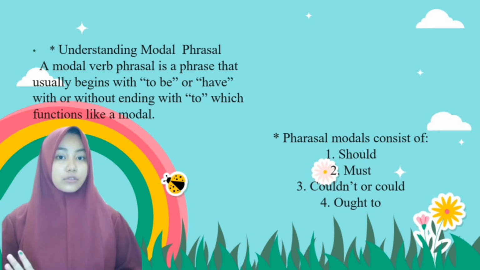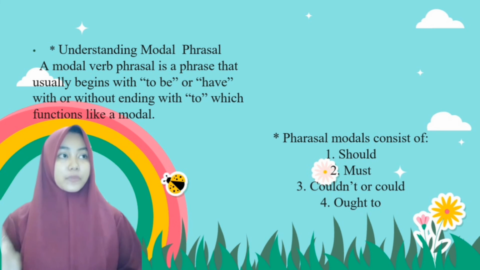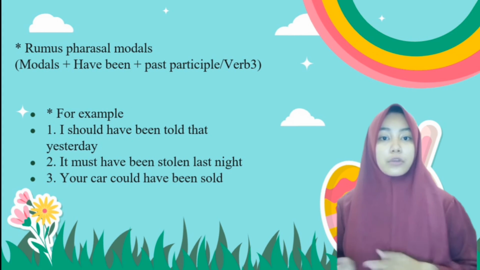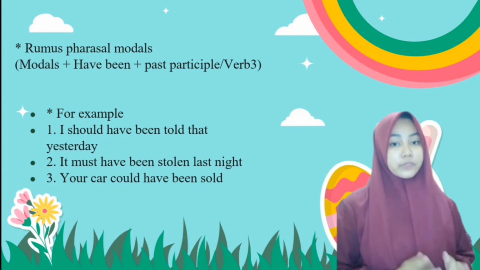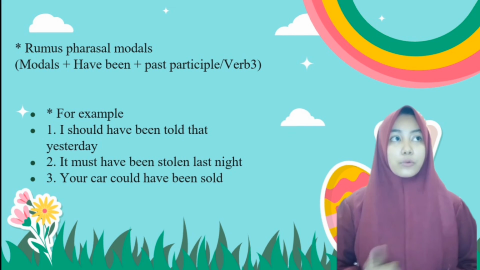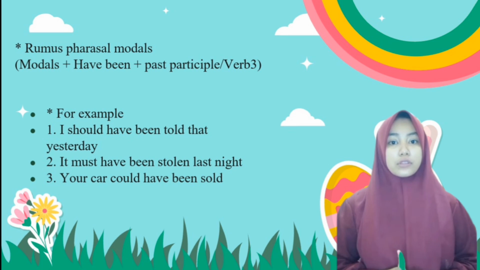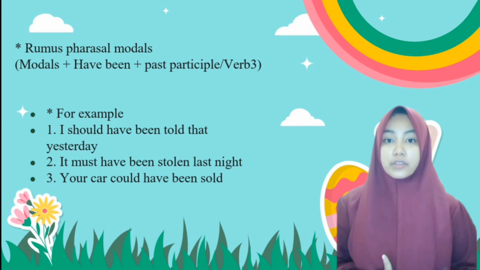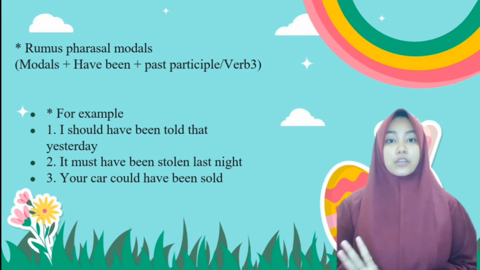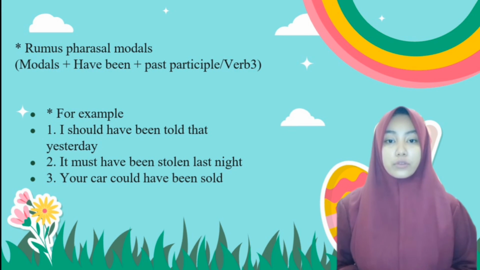Would or could, 4. Ought to. The formula is modal plus have been plus verb 3. For example, 1. I should have been told that yesterday. 2. It must have been stolen last night. 3. Your car could have been sold.